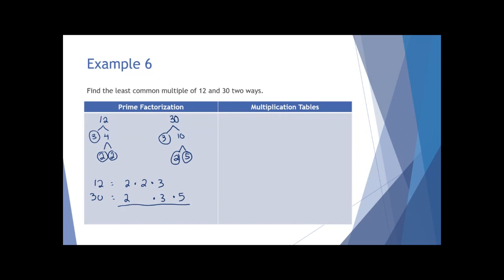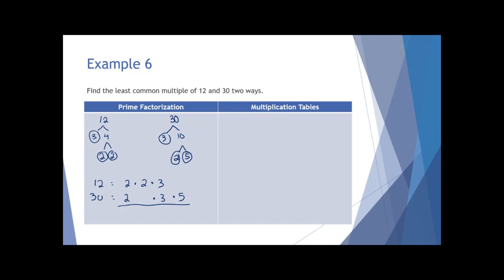So for the least common, I mean the least number they have in common, like the smallest number they have in common. No, so it's the least common multiple. So it's the smallest number they both multiply to. So would 2 be it? Because 2 is the smallest number that divides into these numbers.